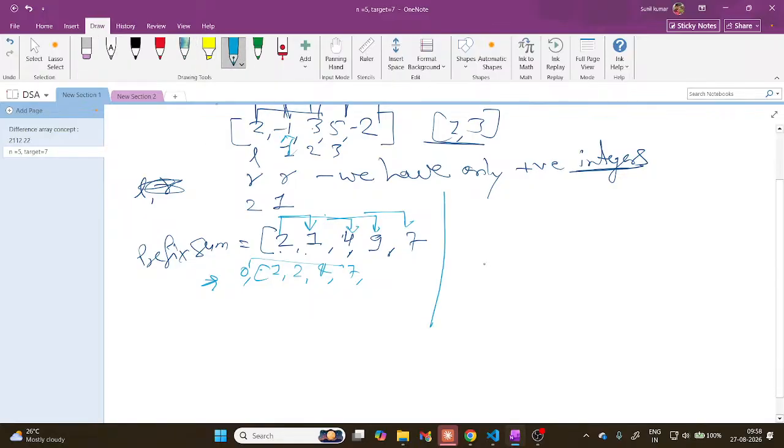Should I take any other example? If that works, then we can go for it, right?